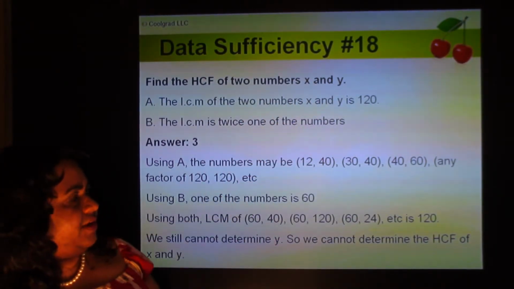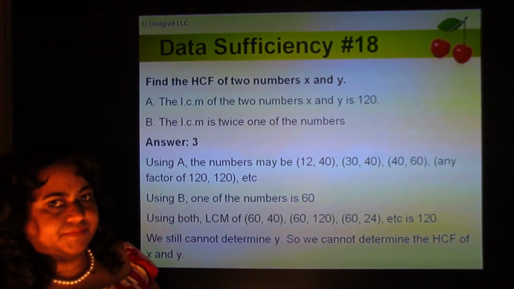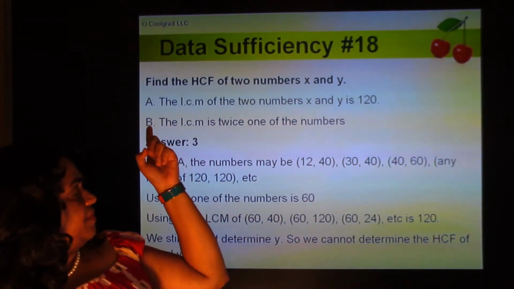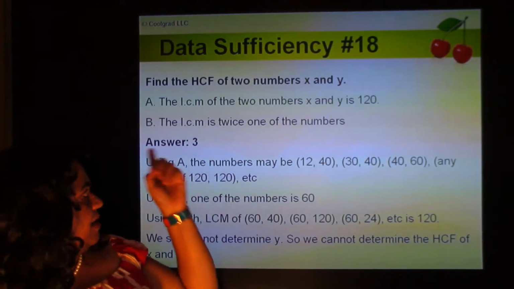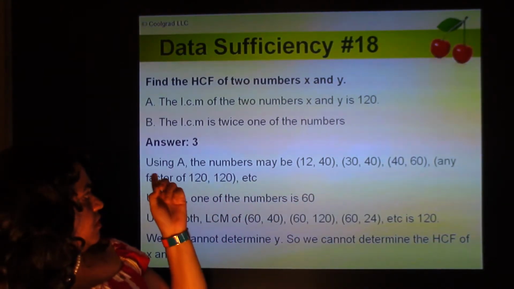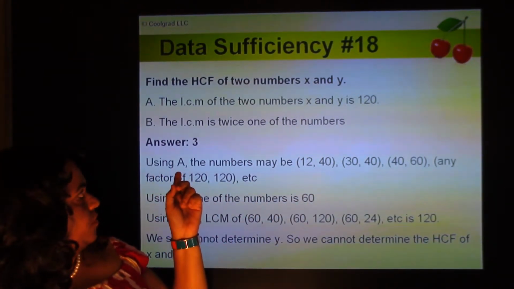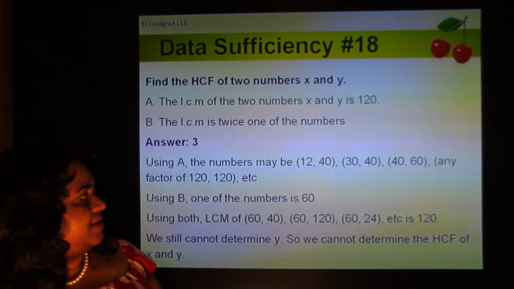So question number 18. Find the HCF of two numbers X and Y. Statement A. The LCM of the two numbers X and Y is 120. Statement B. The LCM is twice one of the numbers. Using A alone, the LCM of these two numbers is 120. So what does that mean?